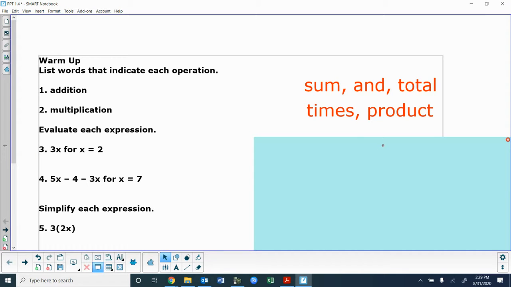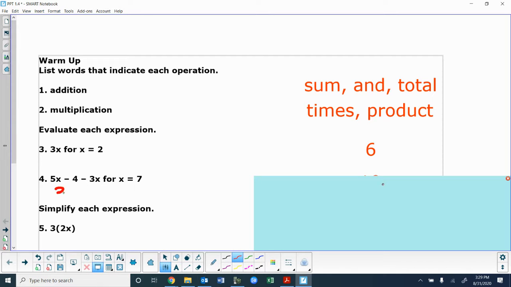The next number 3, it says just evaluate 3x for x equals 2. That 3x, remember, means 3 times x, so 3 times 2 would be 6. For number 4, we're substituting 7 in, so we got 5 times 7 minus 4 minus 3 times 7. So 5 times 7 would be 35. Minus 4 and 3 times 7 minus 21.